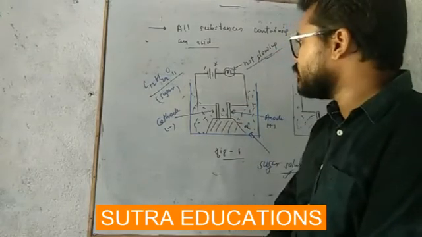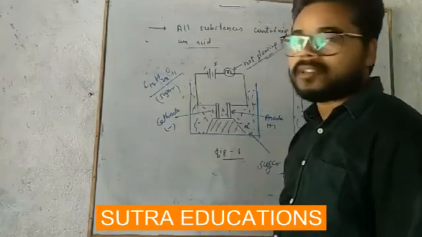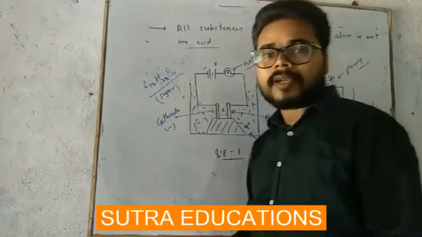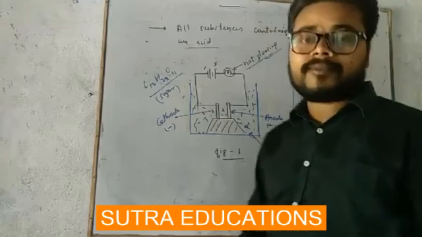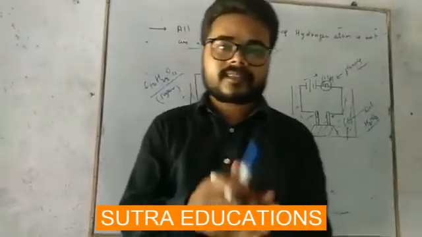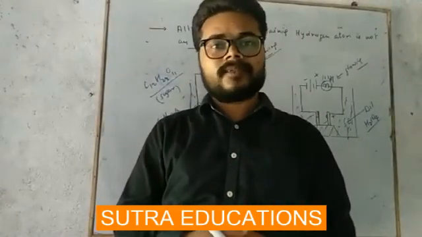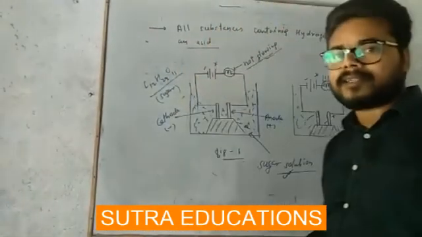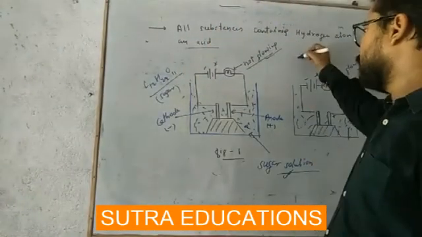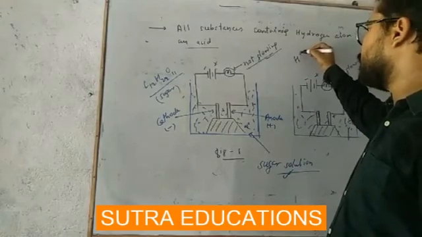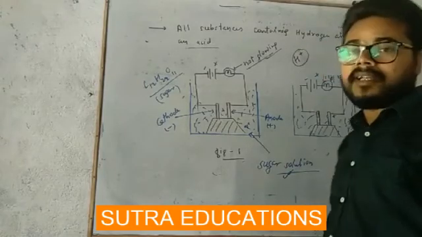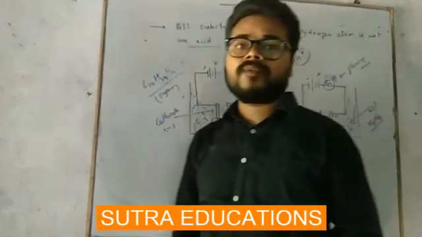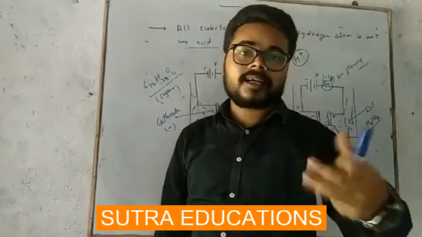It means this sugar solution is not an electrolyte, and I have told you acids are good conductors of electricity. Aqueous solutions of acids are good conductors because they give you H plus ions, and if you have ions to move, then it will conduct electricity.